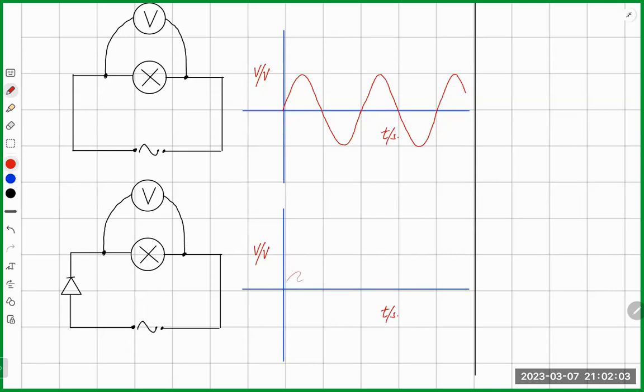There will be a reading in one direction, and this is when the diode is forward biased. And when the diode is reverse biased, there will be no reading on the voltmeter.